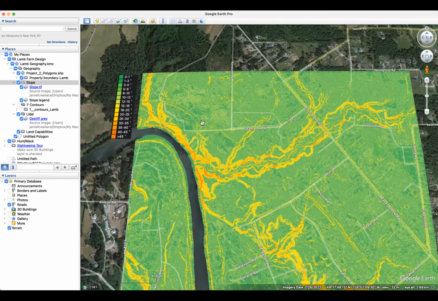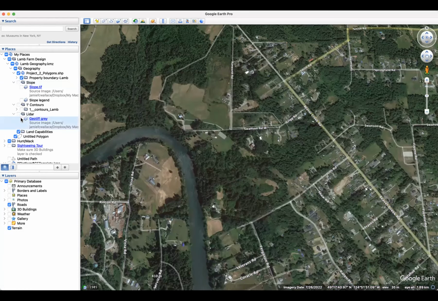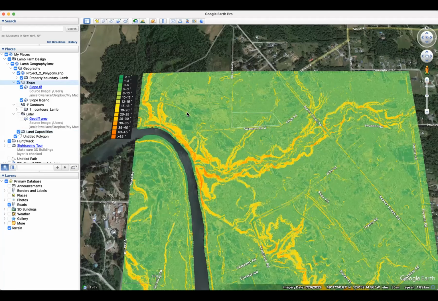It's a really cool thing to get into. We also have our land capabilities here. Let me just see if I can, I'm not sure why that's not working. It's very similar to the slope analysis.